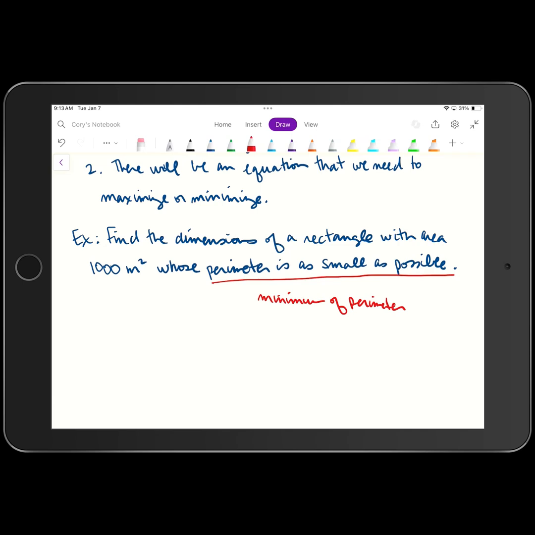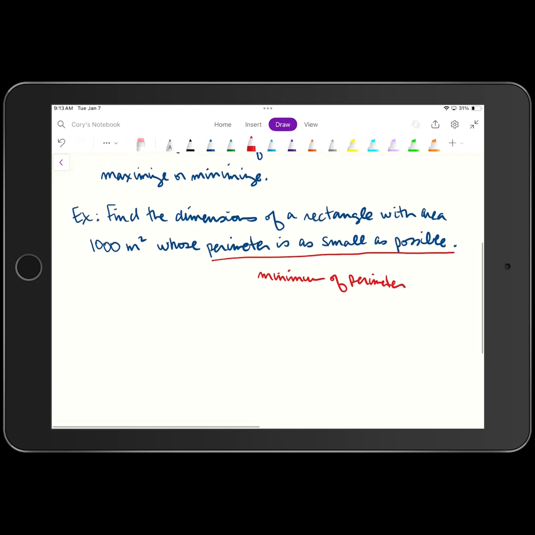Okay, so just like with related rates problems, I'm going to encourage you guys when you work through these questions to draw yourself a diagram modeling this. So we have a rectangle. We don't know the dimensions of the rectangle, so we're going to call our base x and our height y. If you want to think of them as length and width, that's fine as well.